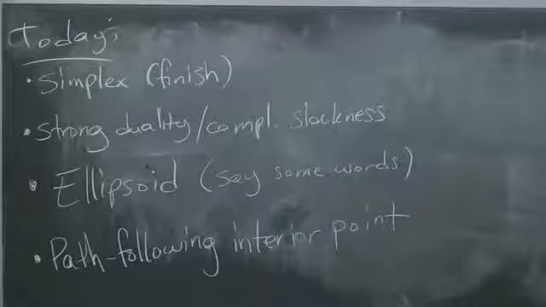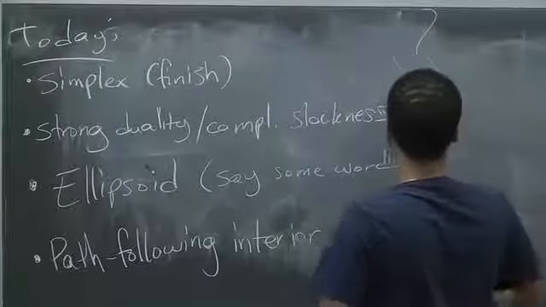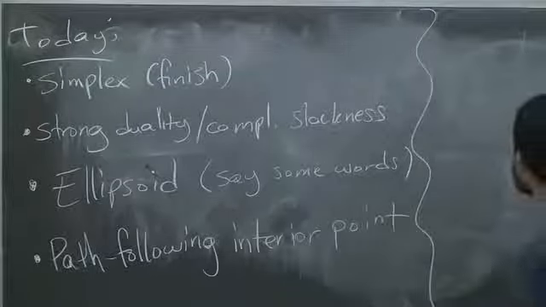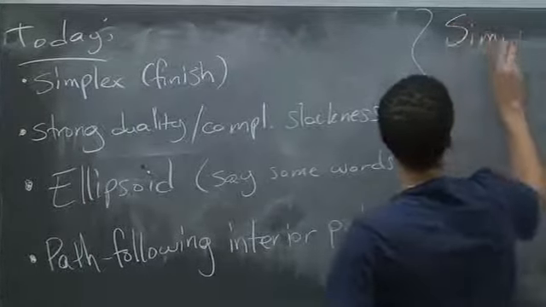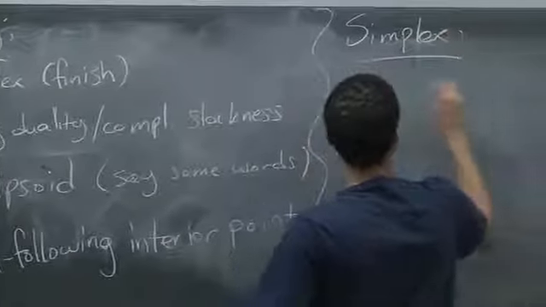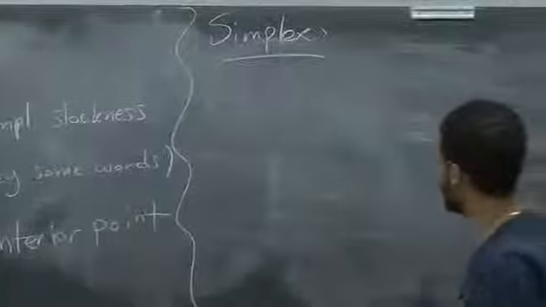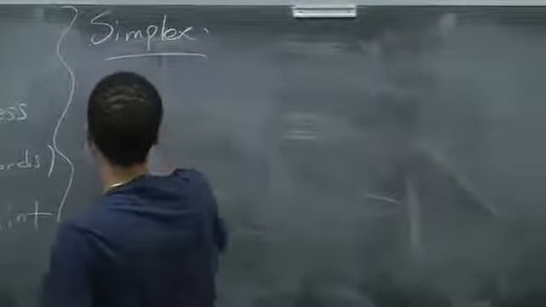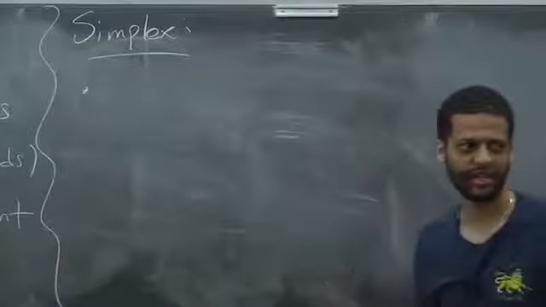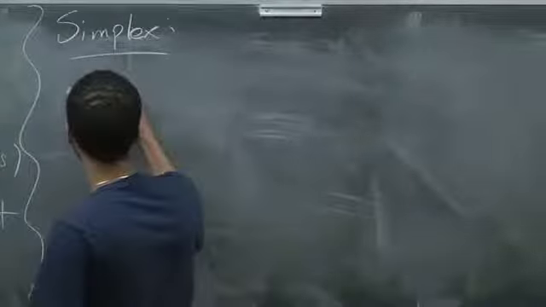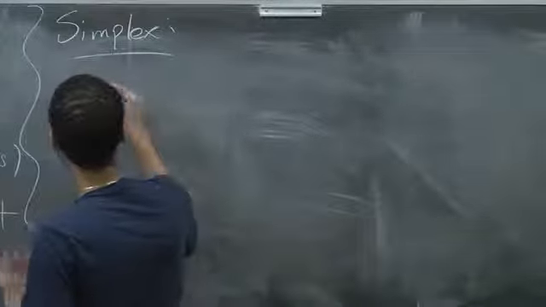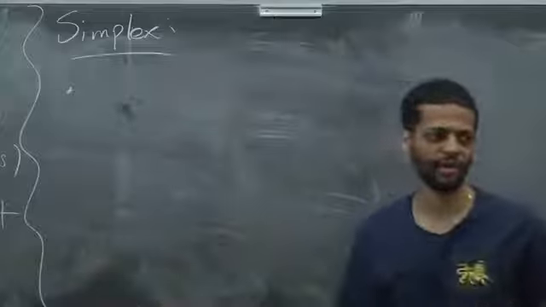All right. Okay, so let's finish up with simplex. Remember the basic idea was vertices. We gave one definition of vertex and we saw it was equivalent to another one.